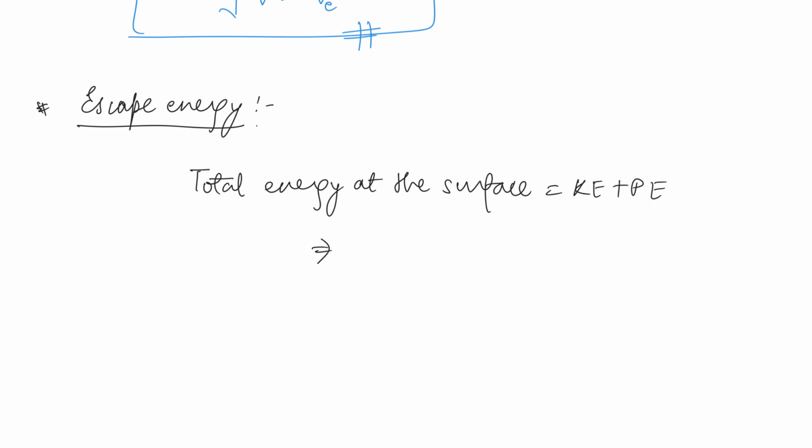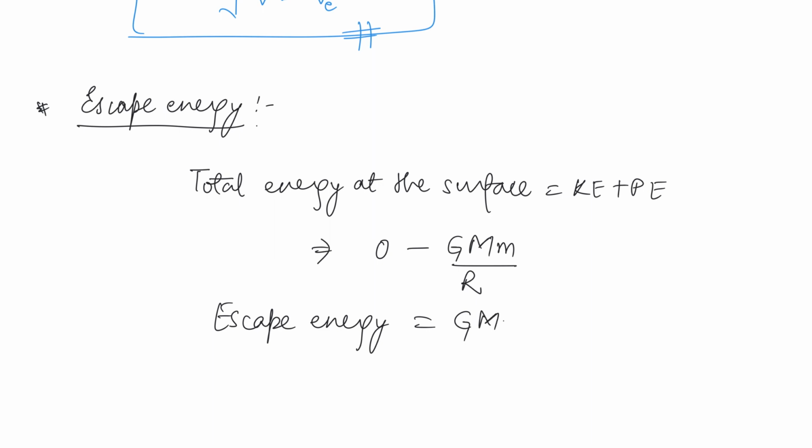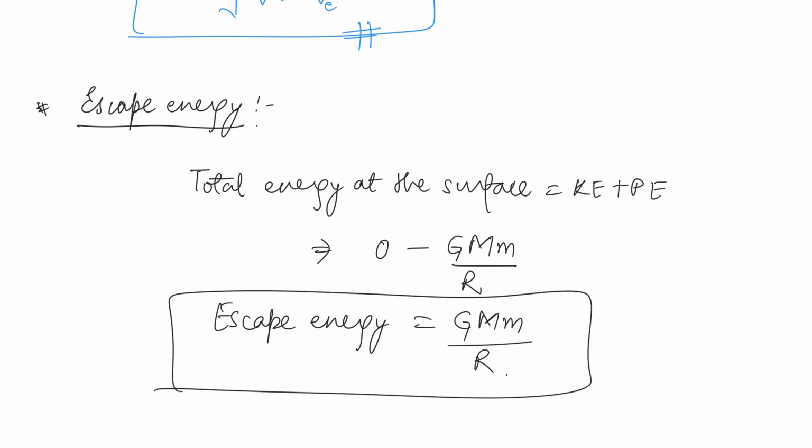Kinetic energy at the surface will be 0, potential energy will be −GMm/r. So escape energy will be GMm/r. This will be the same as the work done but in positive value.